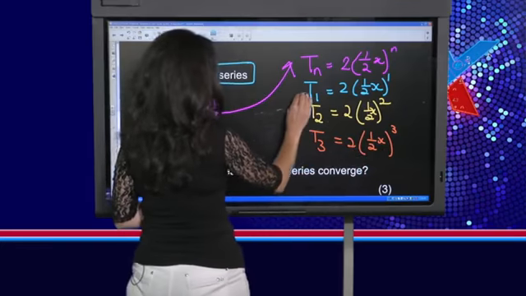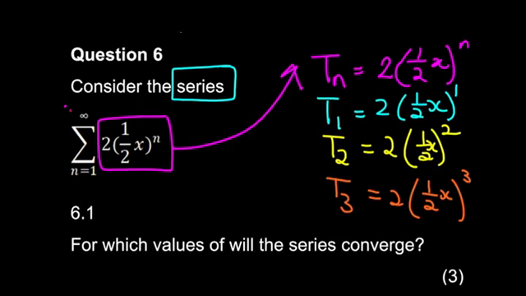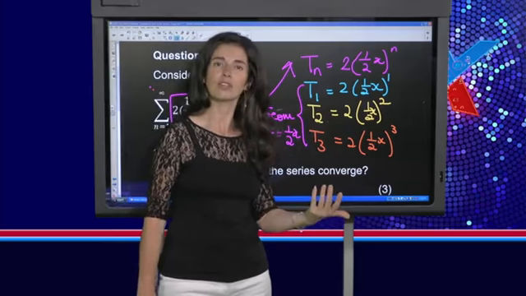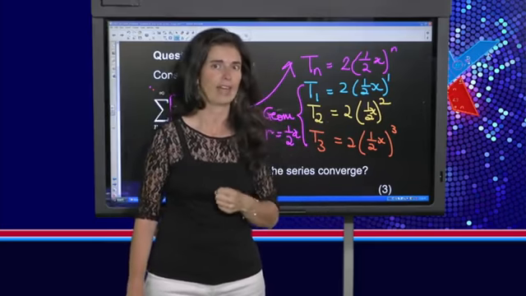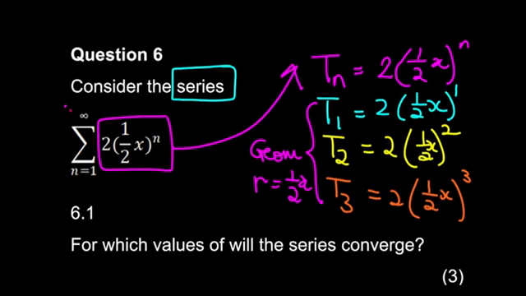So I can tell that these 3 terms form what kind of a series? They form a geometric series where my ratio is a half x. So I'm saying that every single term is made by multiplying the previous term by a half x. Now that is really what this general term is.